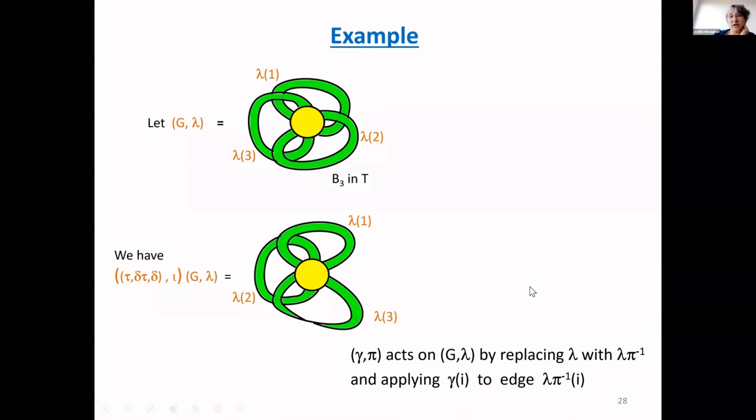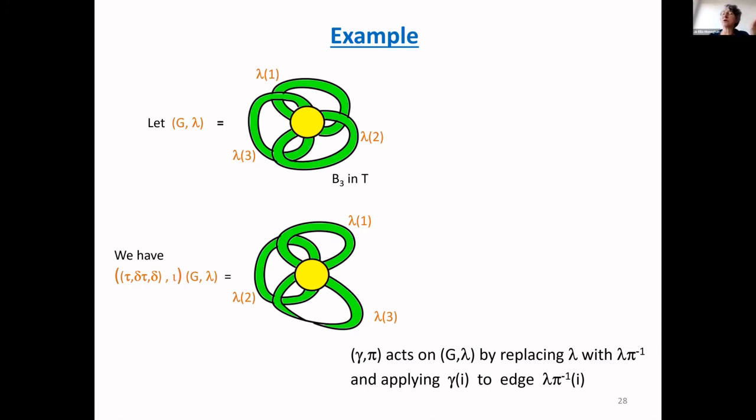So here's an example. Suppose this is our graph G lambda, and we've ordered the edges 1, 2, 3. And I'm going to apply the element tau, delta tau, delta to this graph. This is I, the identity permutation, because it's hard enough to do one thing at a time.